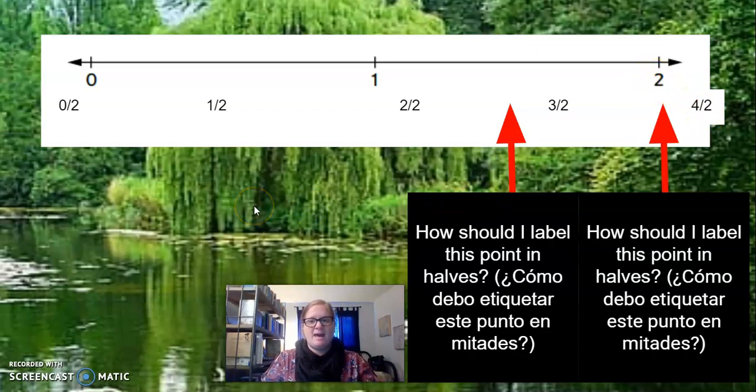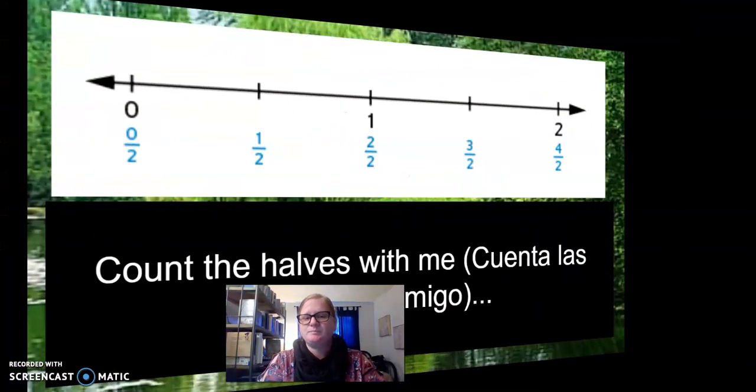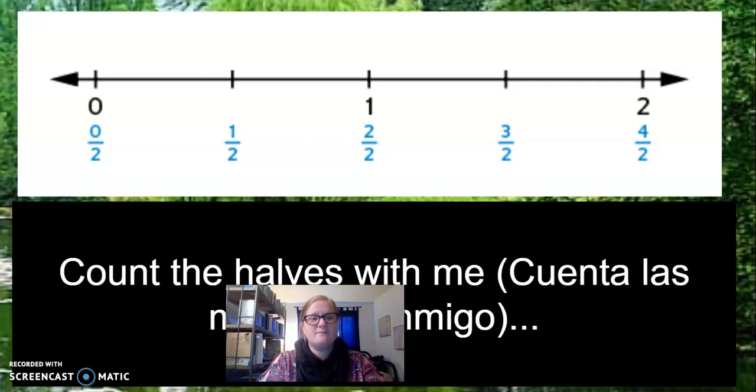So if I have 2 wholes and I wanted to break them into 4 parts, I would have 4 halves. I hope that makes sense. Count the halves with me as I go along. 0 halves, 1/2, 2 halves, 3 halves, and 4 halves.